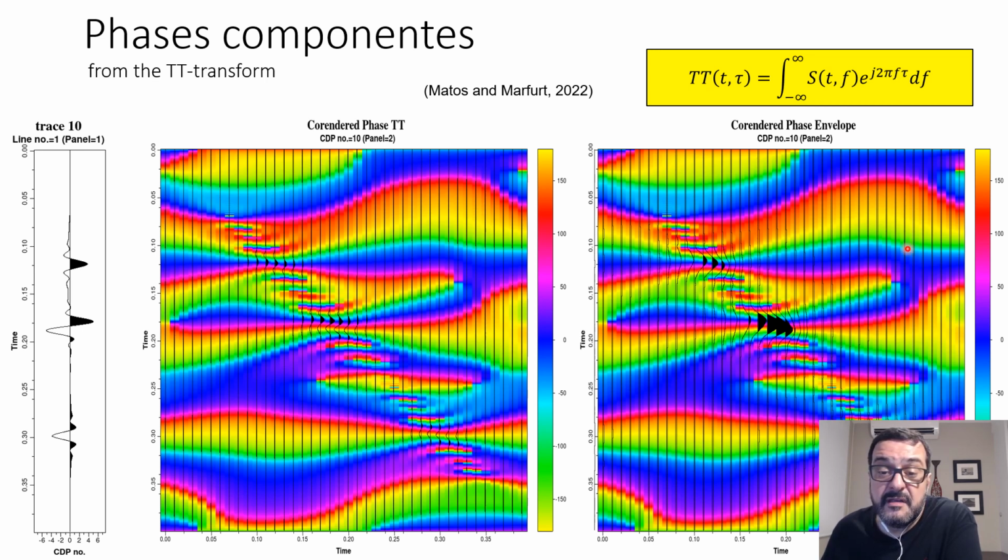After we applied this process, we created actually two different attributes, the local wavelet phase and the local wavelet magnitude, which is the peak of all these envelopes.